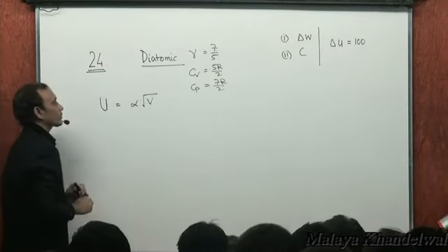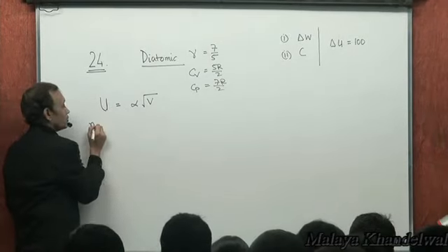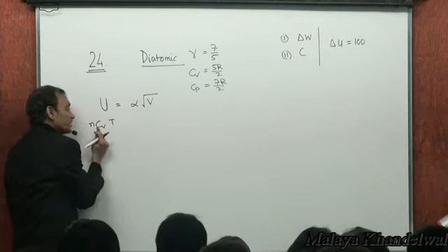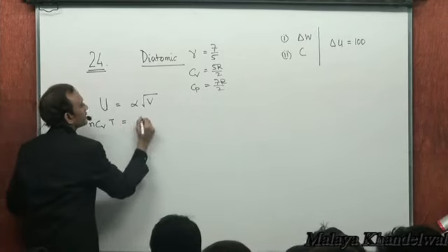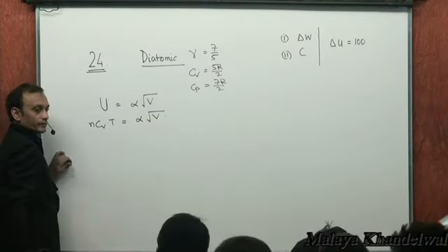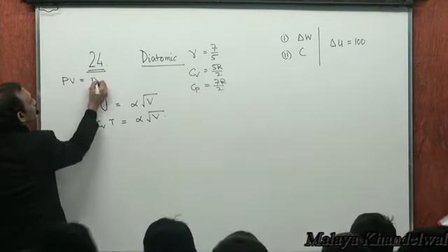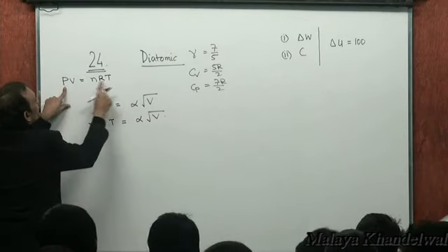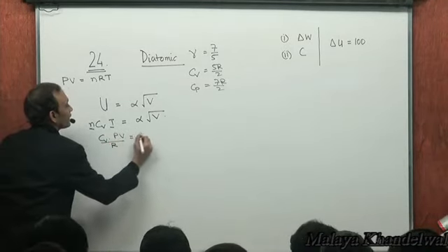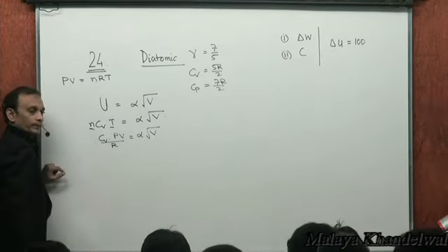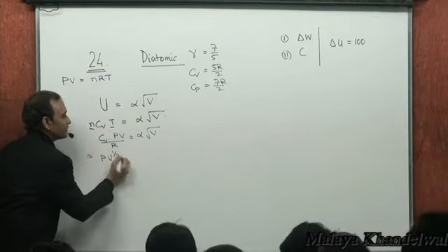Now, realize that U, absolute internal energy, would be, let's say, n moles Cv into T. Change in internal energy is nCv into delta T, but absolute internal energy is nCv into T. That's equal to alpha times root V. But PV is nRT, so nT would be PV by R. Cv, R, alpha, these are all constants, and this gives me PV to power half equal to a constant.